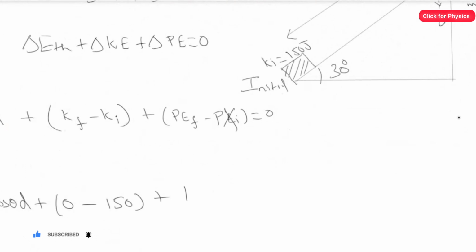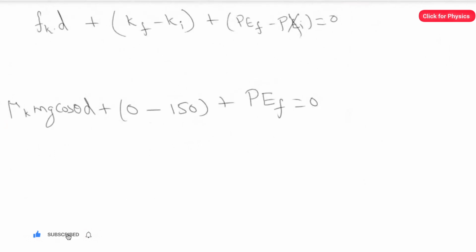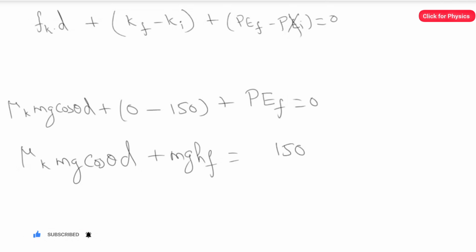Only the final potential energy remains. Now I'm going to take the 150 term to the right hand side, and it becomes plus 150. The formula for potential energy is mg h final. So we get mu k mg cosine theta multiplied by d plus mg hf equals 150.